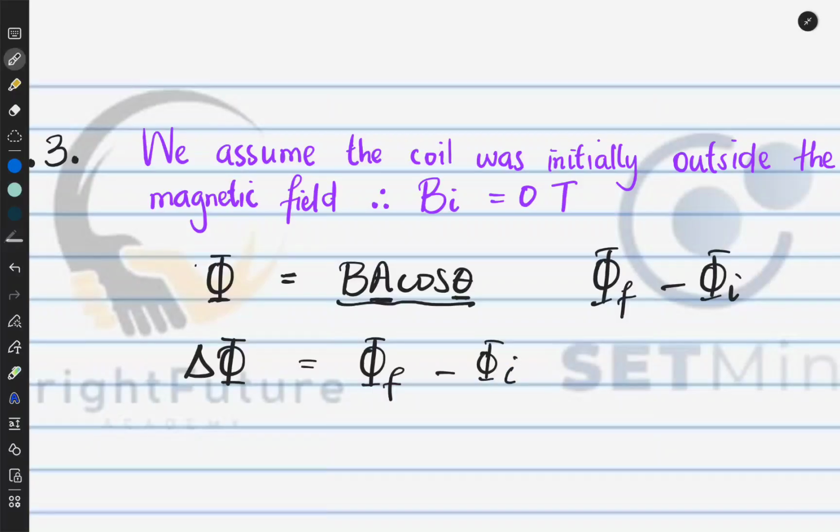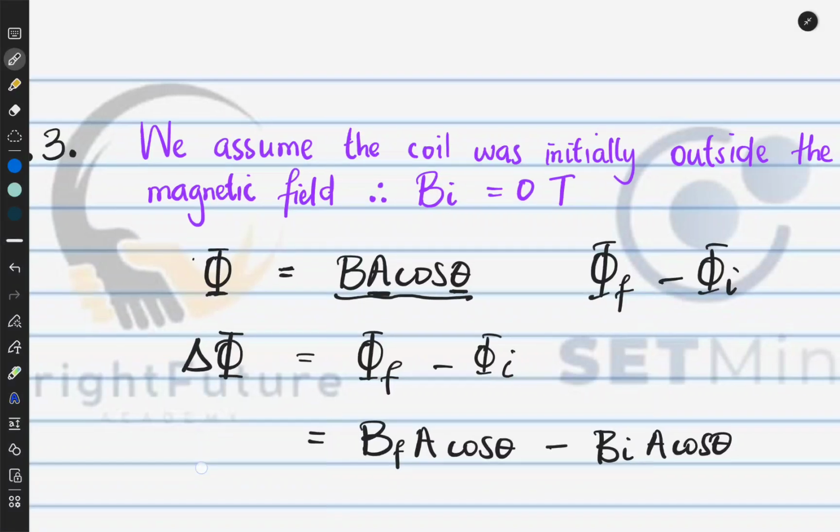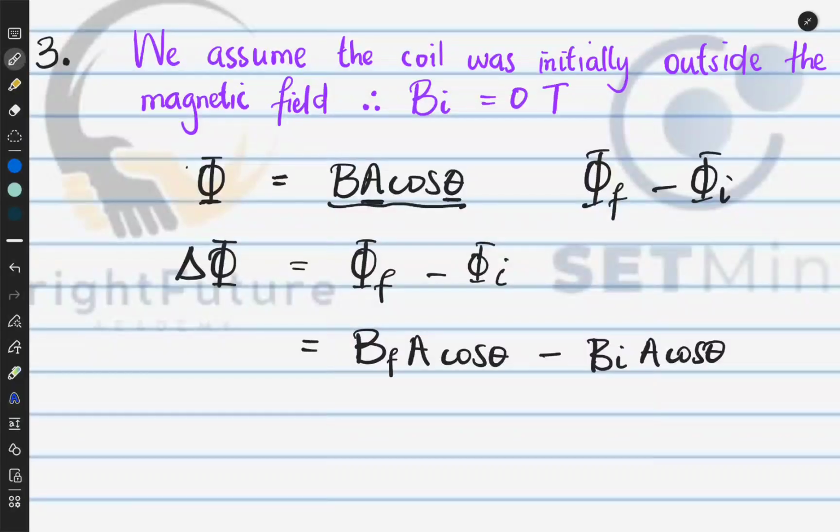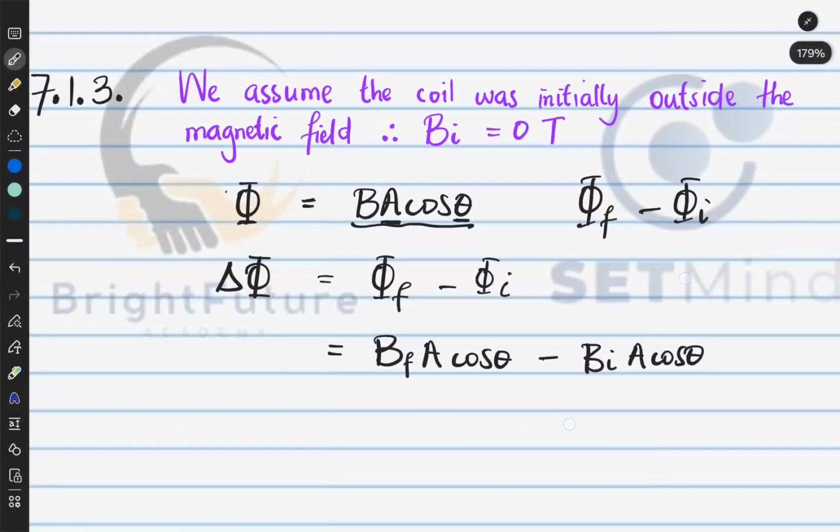So we would have B_F A cos theta minus B_I A cos theta, B_F being the final magnetic field density, B_I being the initial magnetic field density. That's what we are essentially doing.